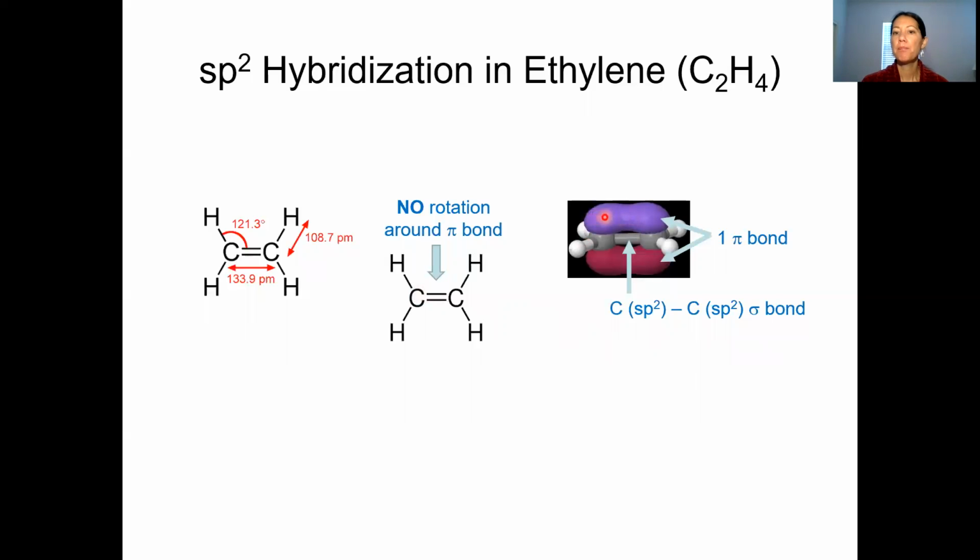And because the pi bond is above and below the nodal plane, there is no rotation around this bond here. Think of it as like 2 ropes or 2 chains or 2 arms connected. You can't spin around and around and around here.